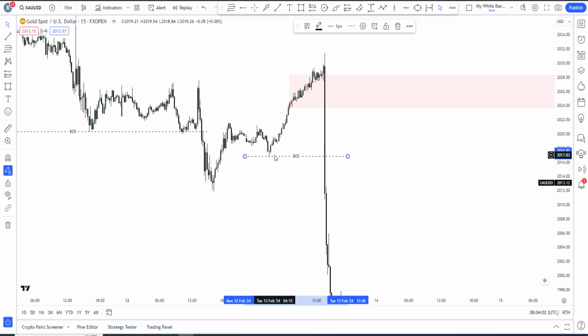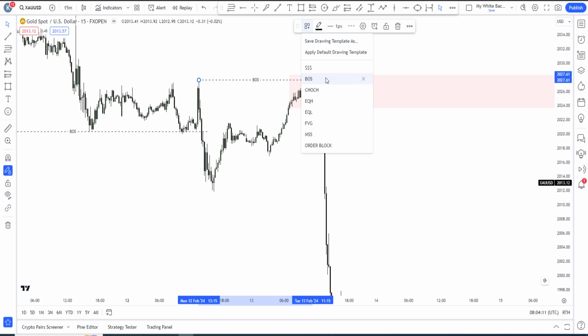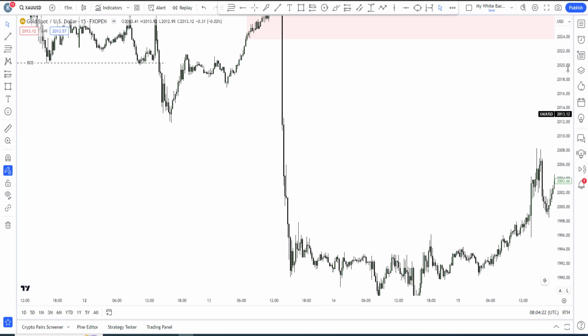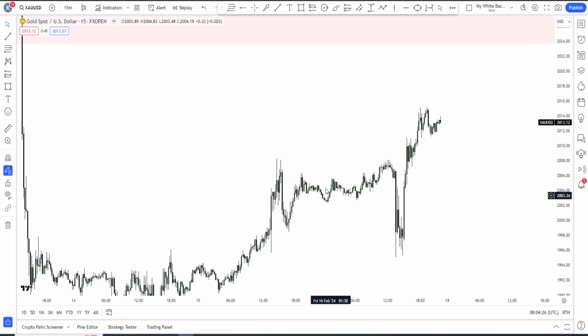All right, because what I have here was a shift in structure in the 15-minute time frame. But as that data is too much, I wouldn't use the 15-minute time frame for that. I would prefer to use the 4 hour, and then in the 15-minute time frame, I will look for a very small data and do my structure around that area.